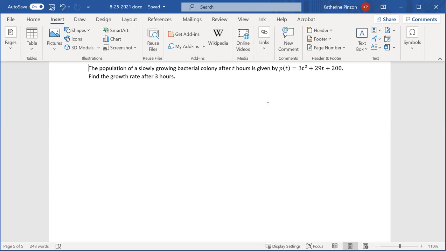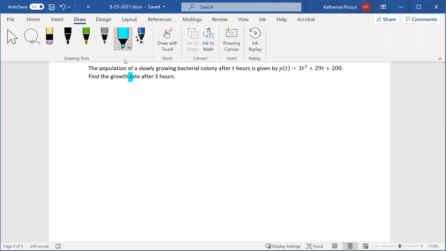So the population is given by that function. Find the growth rate after 3 hours. What do they want you to find? P prime of 3. They want you to find P prime of 3.